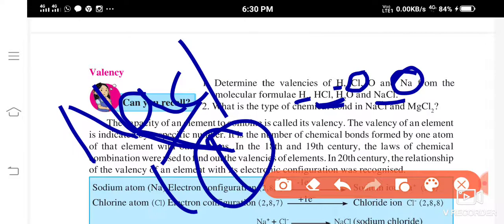Now see oxygen. What is the valency of oxygen?